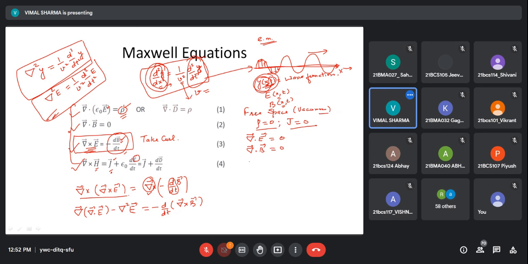No change in Maxwell's equation number 3, but I can write minus d by dt of B as mu naught times H for free space, vacuum. I can take that mu naught out and write only this as d by dt of H.